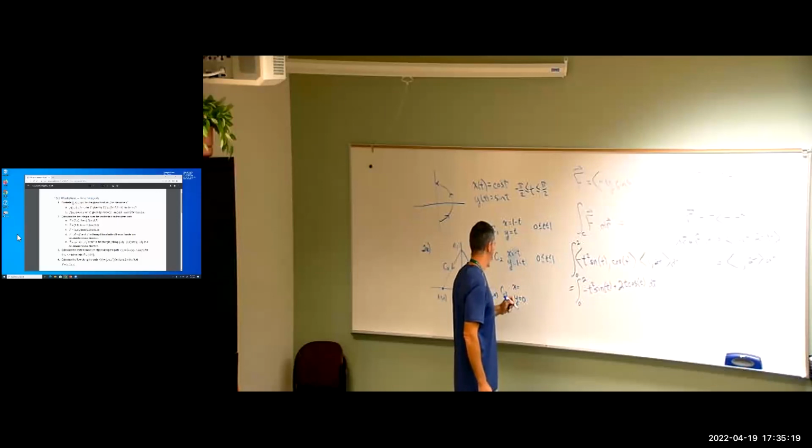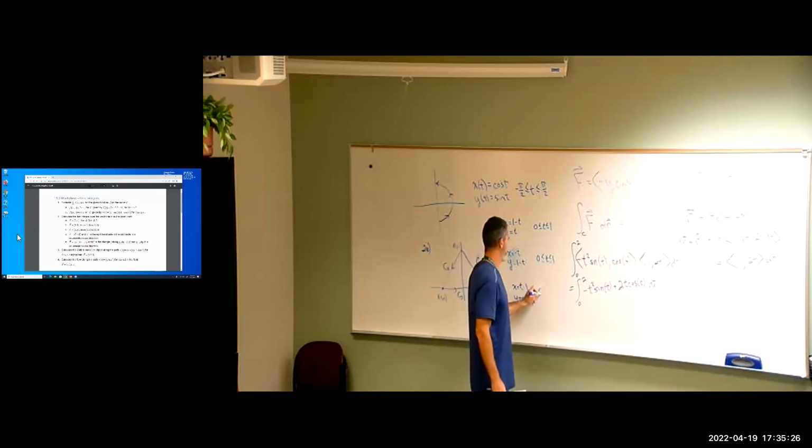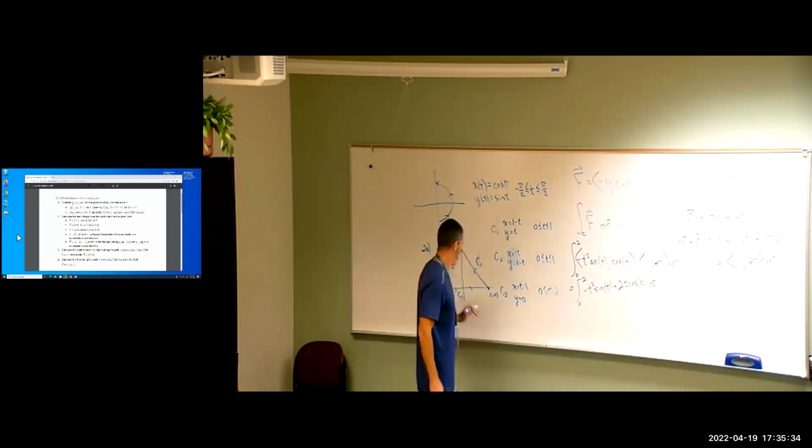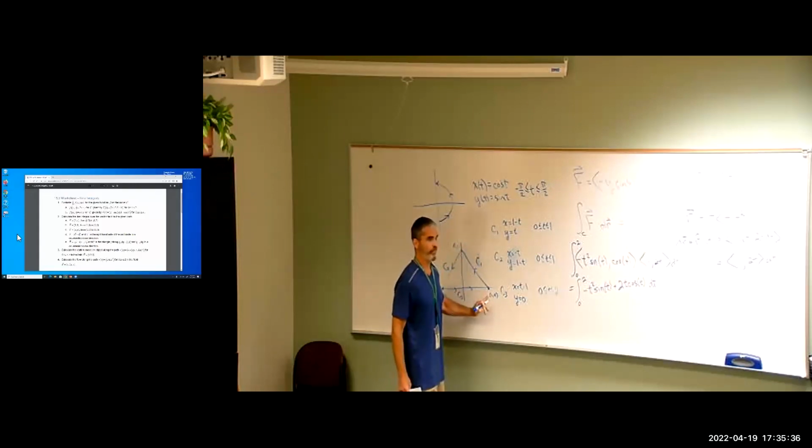So we can let x equal t minus 1. And now, instead of going from 0 to 1, t is going to go from 0 to 2. Because we have to go all the way up to 1 on the x. We could also have made this 2t minus 1 and gone from 0.